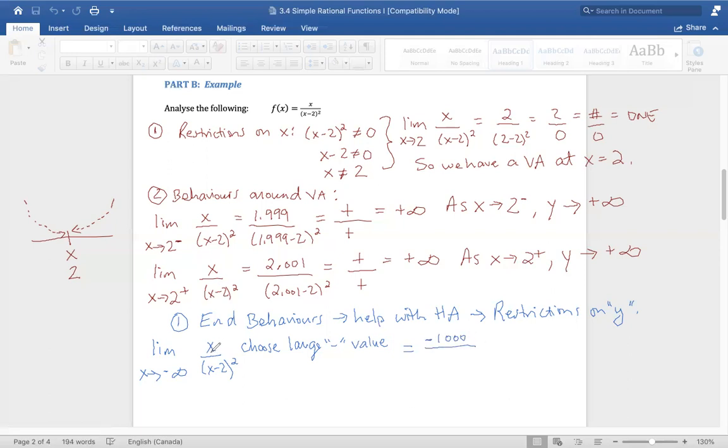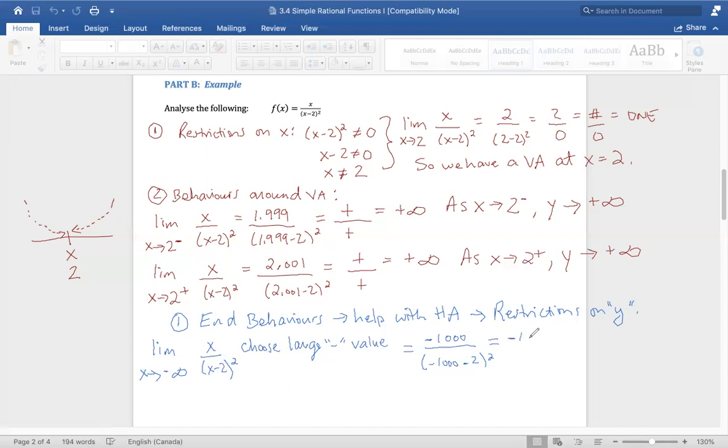So if I'm picking x as -1,000, again, plug in -1,000 below, and then I'm minusing 2 and squaring it. If you remember, if you look at the bullets under horizontal asymptote on the preceding page, I do need a definite value. So I want to plug these into a calculator and get an actual value.